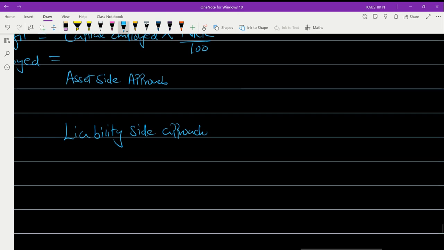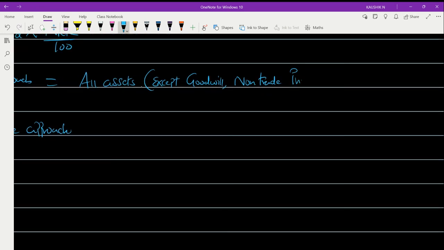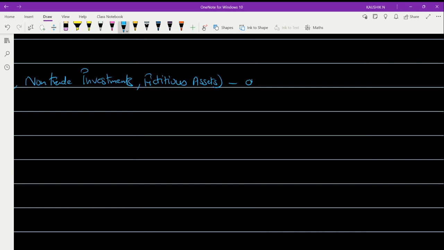So, what is the formula? Asset side approach formula says very clearly: all assets except goodwill, non trade investments, and fictitious assets, minus outside liability.